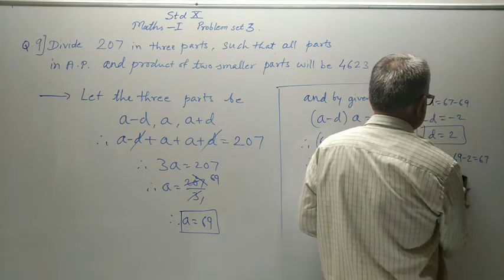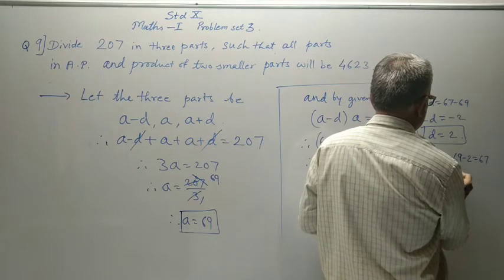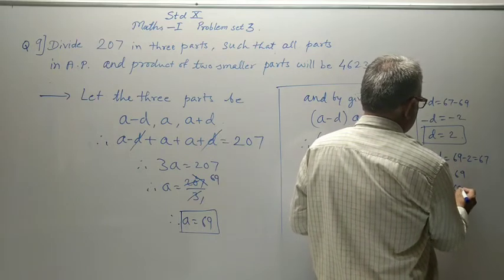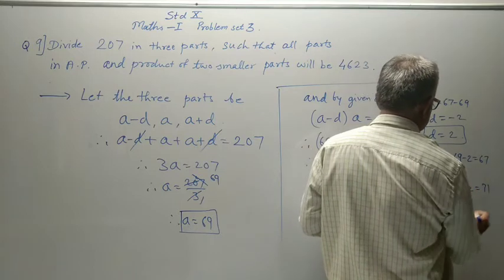A is 69, and A plus D is 69 plus 2, which is 71.